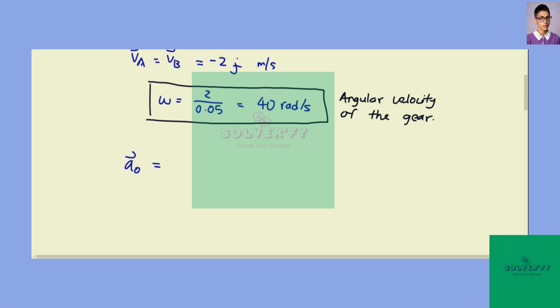AO will be minus alpha times 0.2 in the minus J direction.